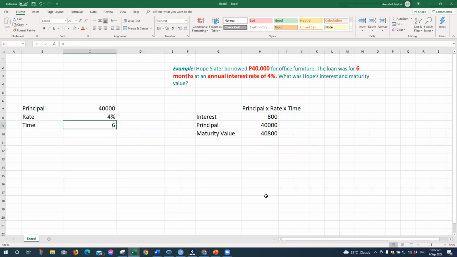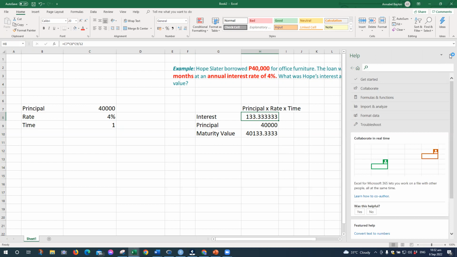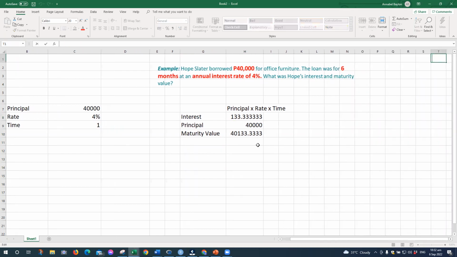So I'll not show that in Excel anymore. So what happens here is that this one becomes 1, right? Sorry, I forgot I'm not using my laptop, so the keys are different here.